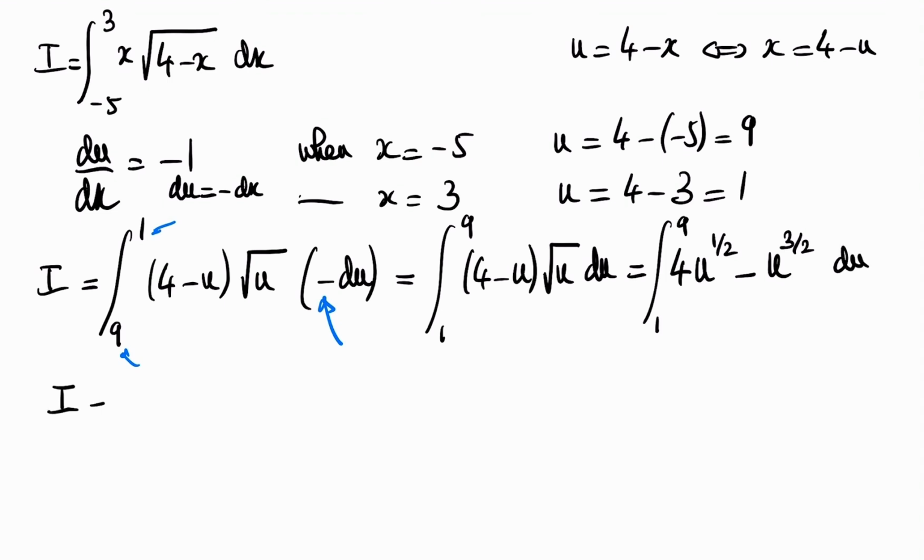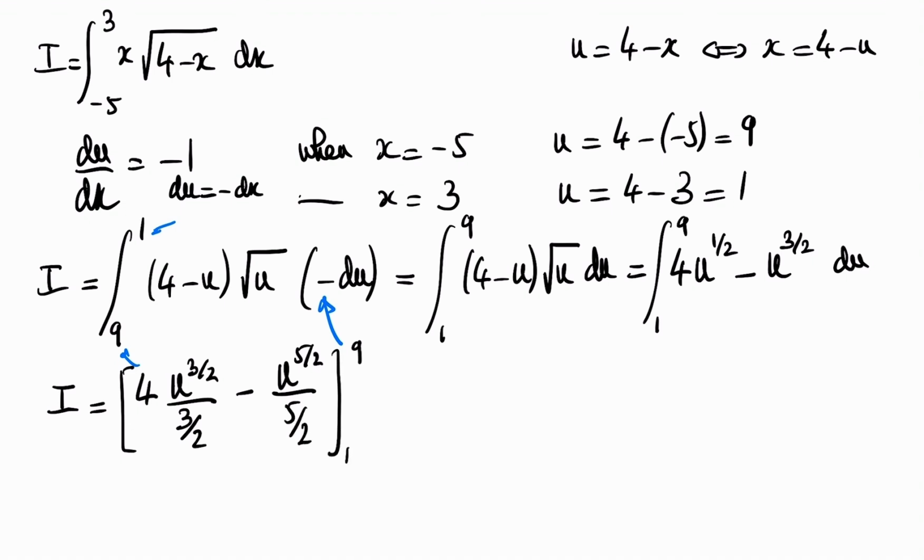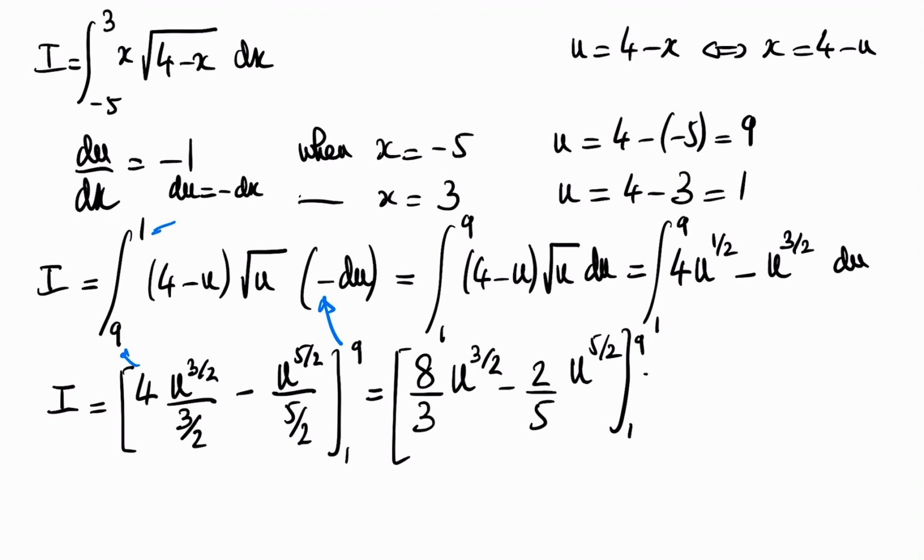Okay, so that's I equal, now we can integrate. It's 4u to the power of 3/2 over 3/2, minus u to the power of 5/2 over 5/2, between 1 and 9. Can we simplify that a little bit? Yes, so it's 8/3 u to the power of 3/2 minus 2/5 u to the power of 5/2 between 1 and 9.